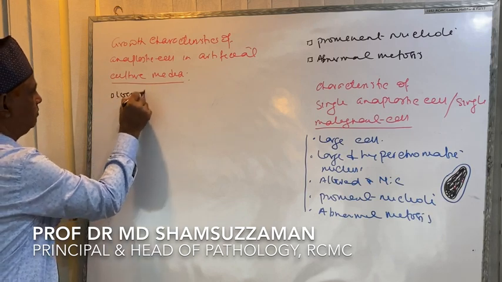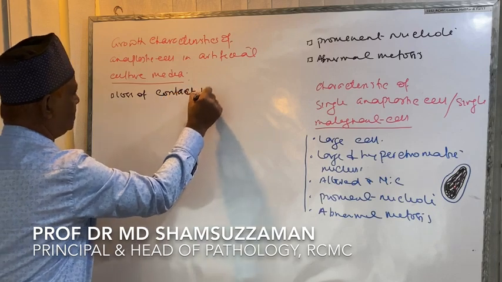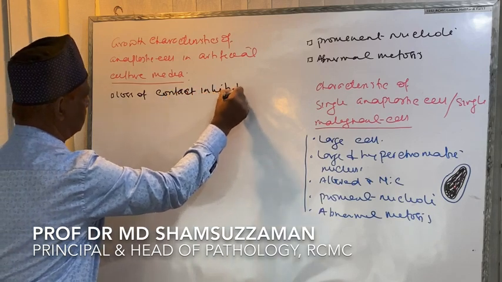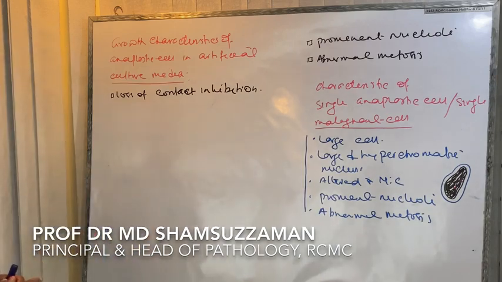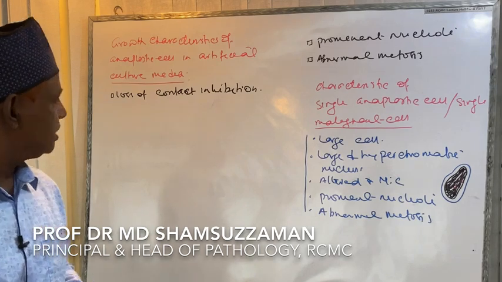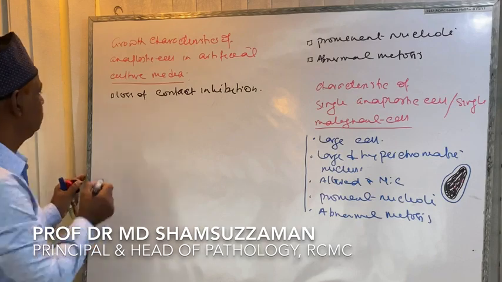Loss of contact inhibition. The first and foremost characteristic of a malignant cell in artificial culture media is loss of contact inhibition.